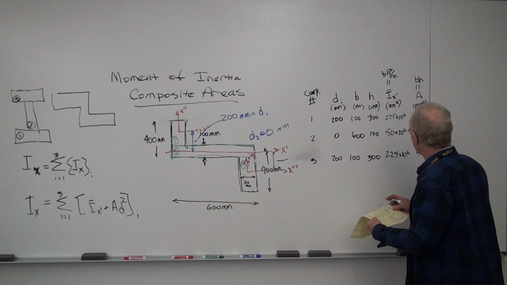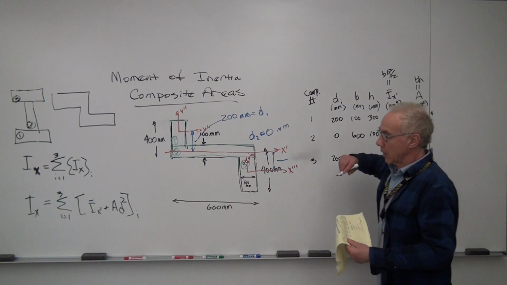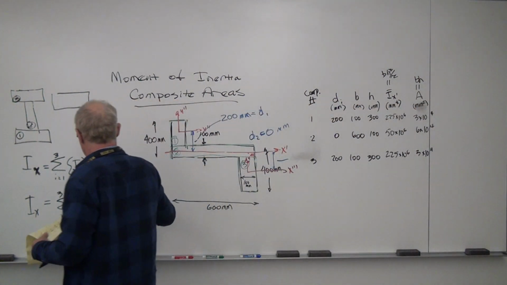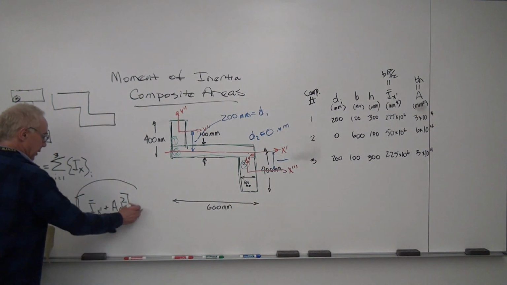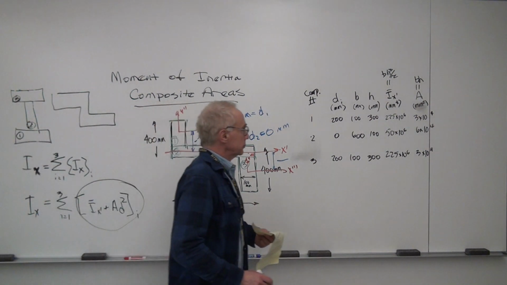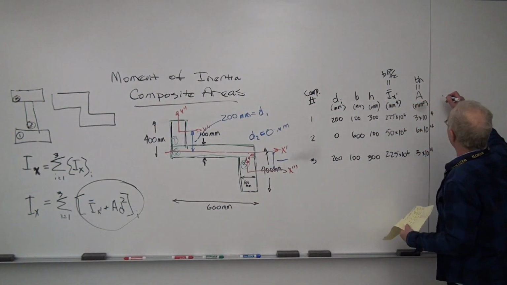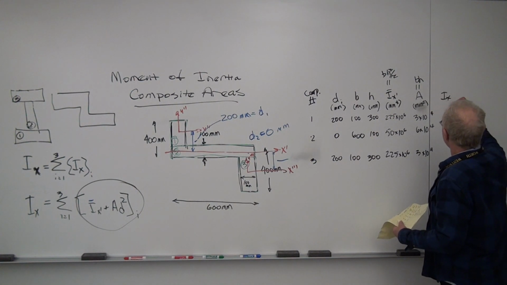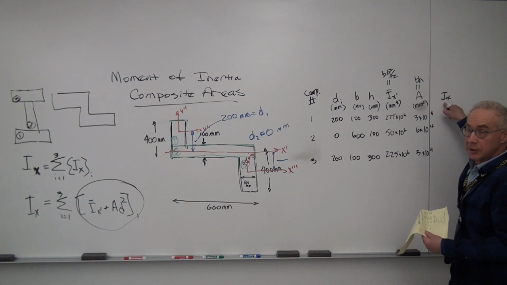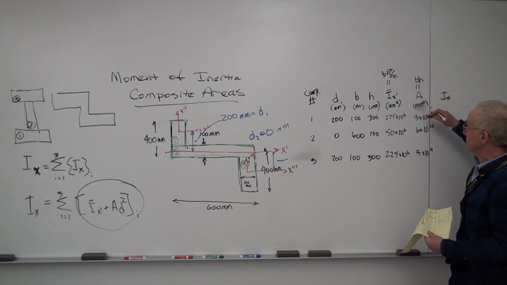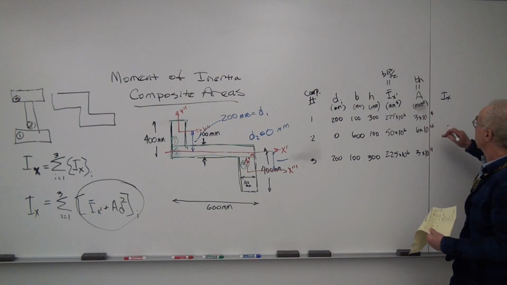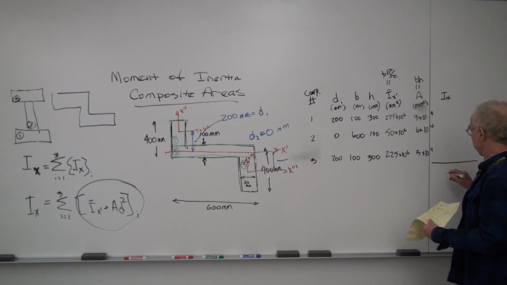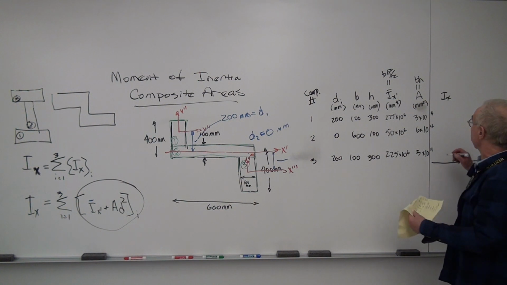Now the final thing we're going to put over here is the sum of these two values. So this is going to be Ix. This is the moment of inertia for each of our 3 components. And we're going to add them up at the bottom, and that'll give us our total moment of inertia.